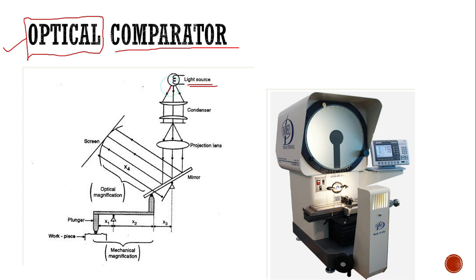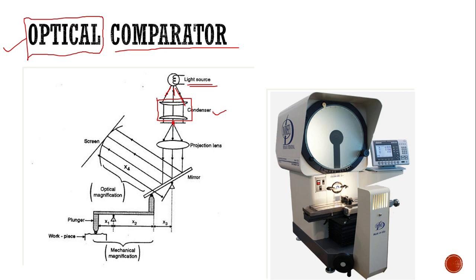This is a light source and this is the light which is passed to the condenser. As the name itself implies, it condenses the light. The light coming from the light source is accumulated at a single point here, and the intensity of light is increased by this condenser.